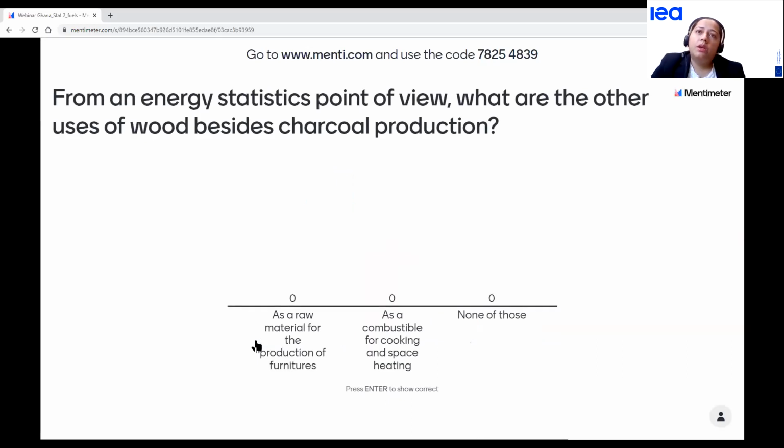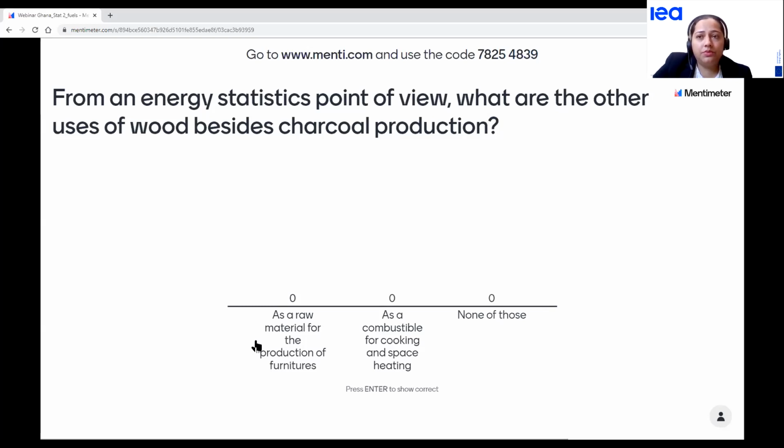Next question. From an energy statistics point of view, what are the other uses of wood besides charcoal production? So what can be the use of wood?